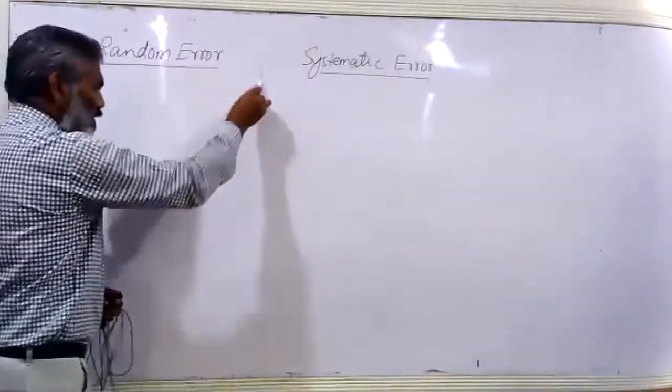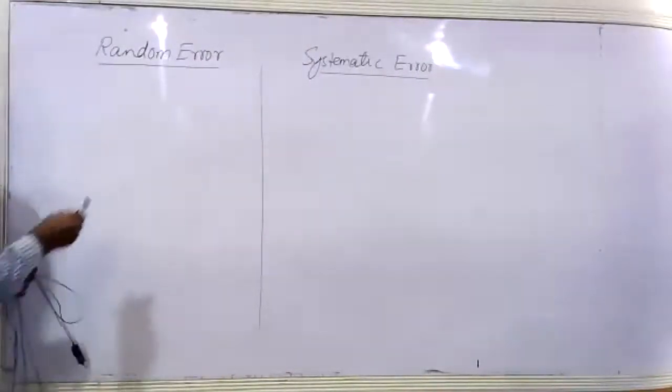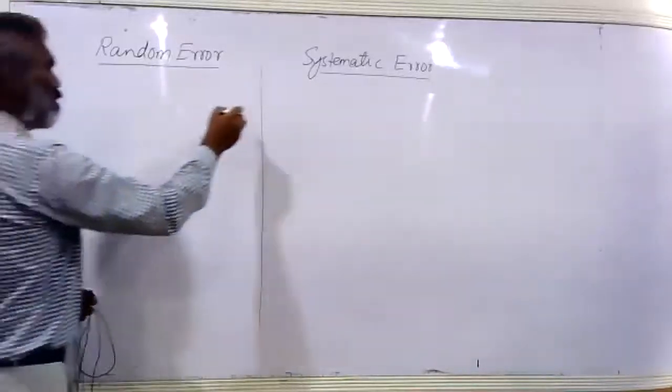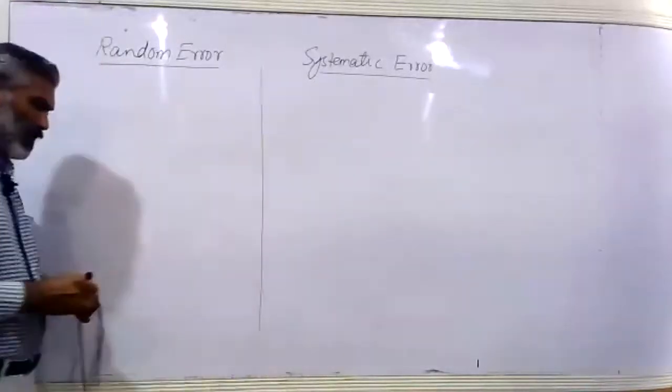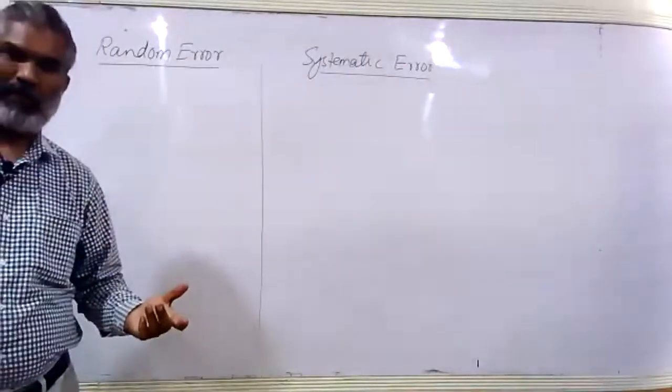So a comparison is important. The first area in which they could be compared is what this error means and how it arises.